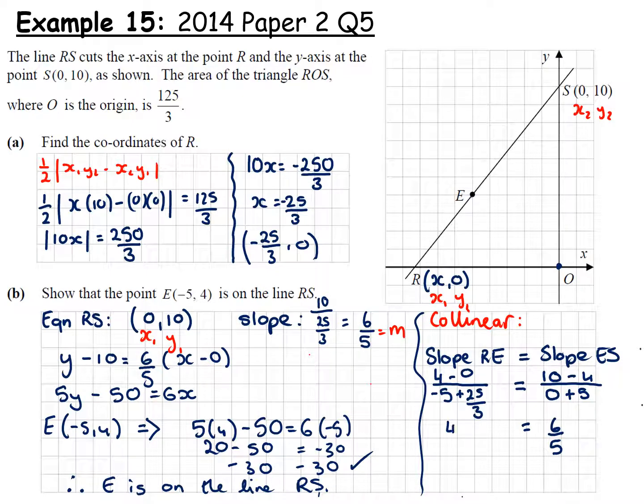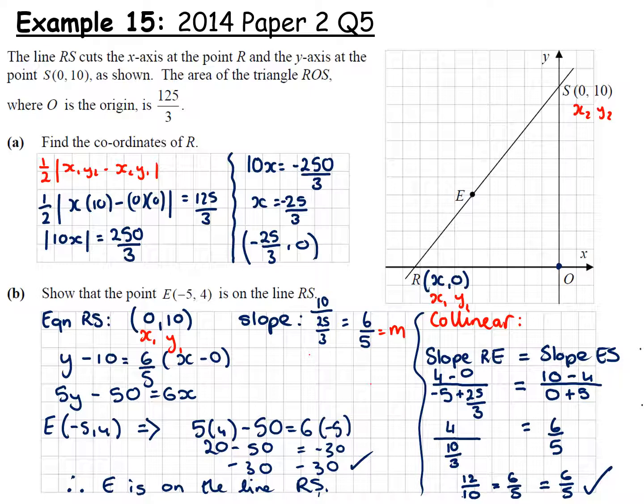Here we get 4 over, so 3 minus 15, and minus 15 plus 25. So this actually works out as 10 over 3. And tidying that up gives us 12 over 10, which is equal to 6 over 5, which is equal to 6 over 5. So therefore they're collinear, so therefore E is on the line RS.